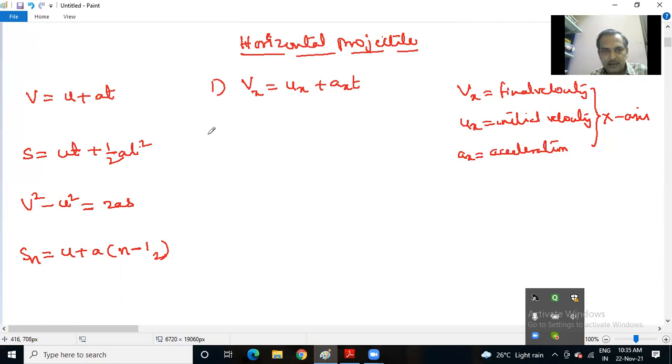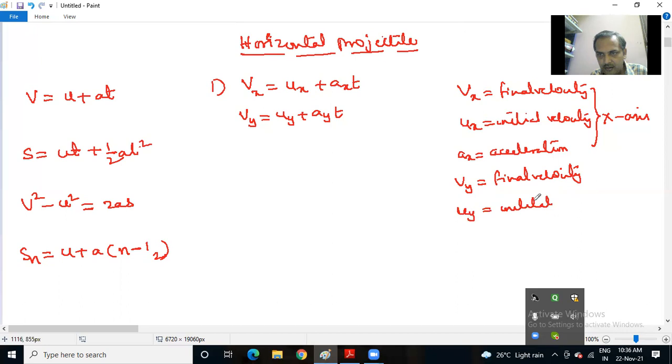Now we also write the same equation in the vertical plane: Vy = Uy + Ay t. Vy is the final velocity, Uy is the initial velocity, and Ay is the acceleration, in general, gravity.